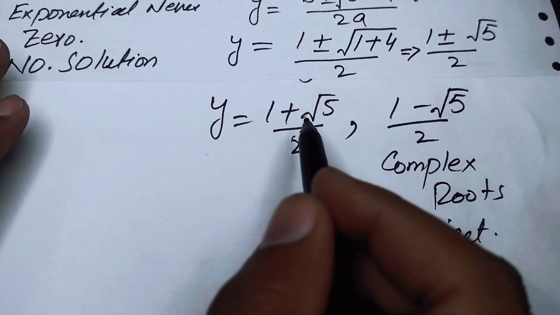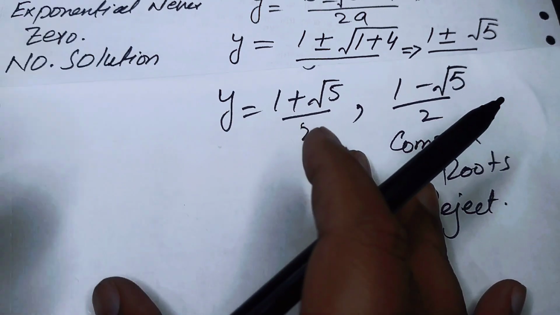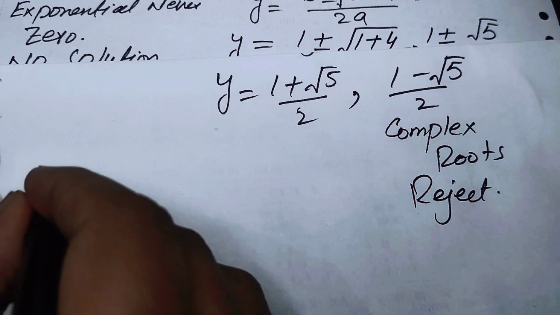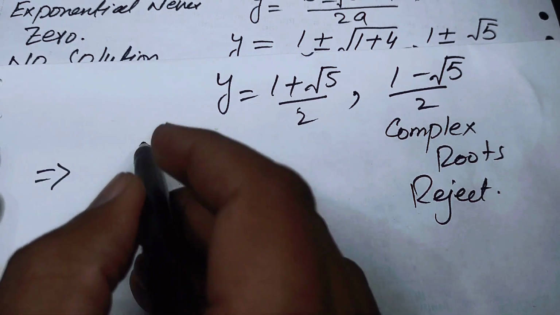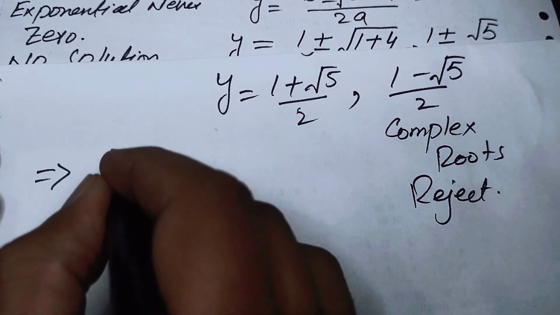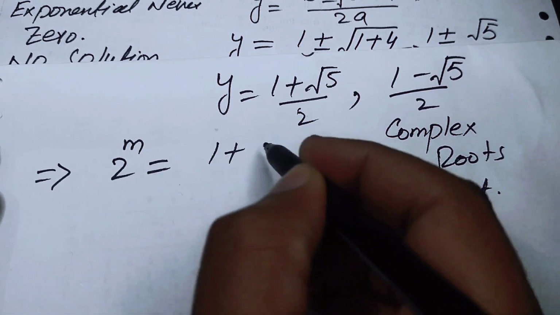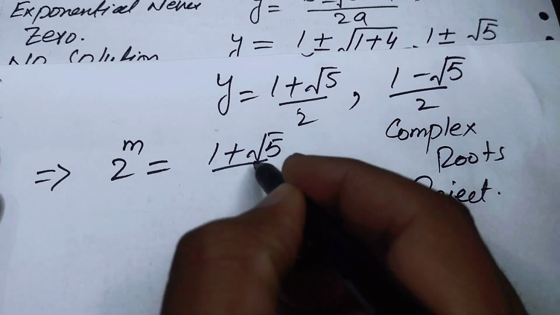Now we can substitute the value of y. You know that the value of y is 2 to the power of m, so we can write it as 2 to the power of m is equal to 1 plus square root of 5 over 2.